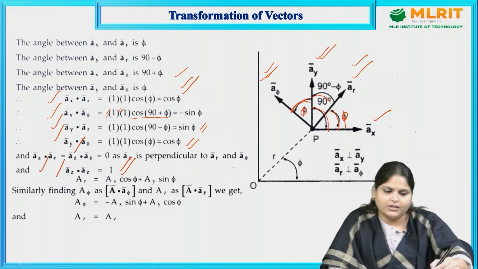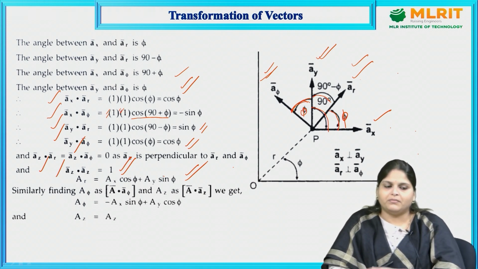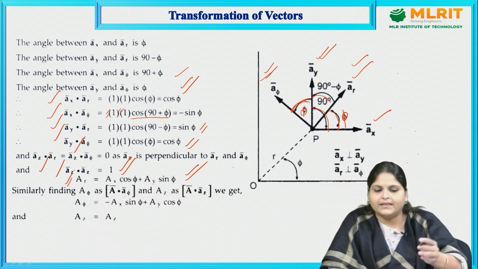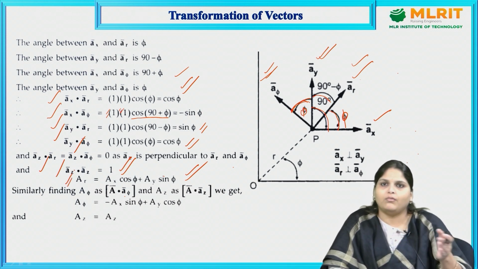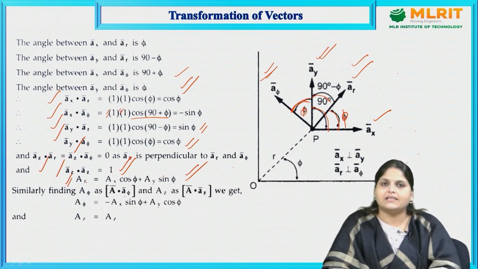So this equation can be written for the transformation between Cartesian and cylindrical. For example, I want to write the Cartesian coordinates in the form of cylindrical. So Ar becomes Ax cos phi plus Ay sin phi.